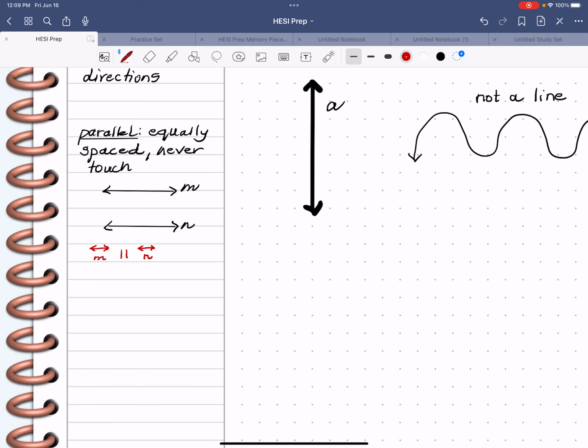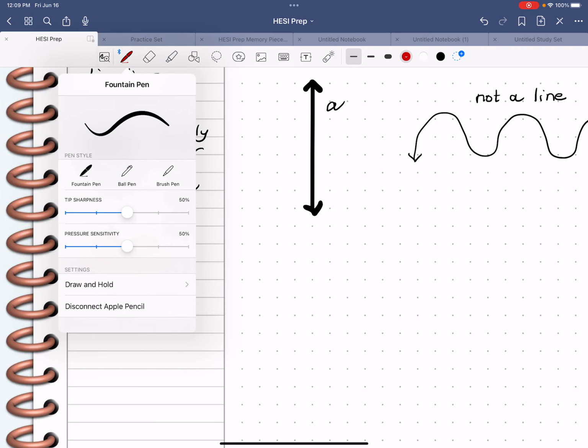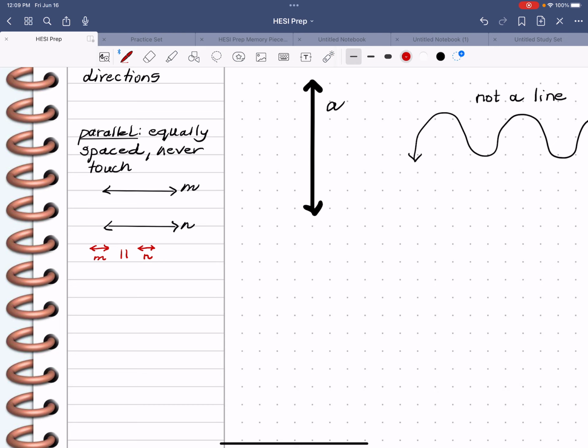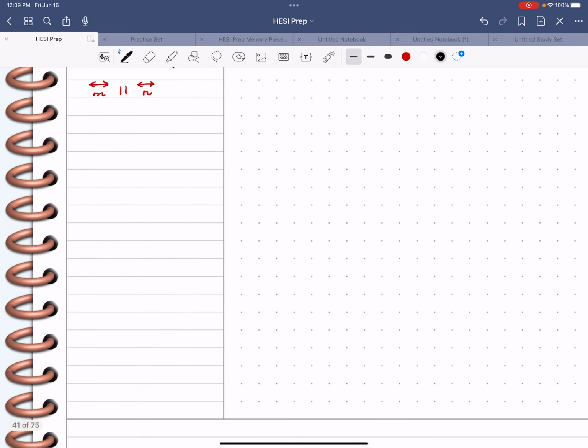And then we have the word perpendicular. Actually, before I do perpendicular, let me give you intersecting. Let's look at this one. Intersecting lines cross, just like roads that intersect. Intersecting lines cross each other.